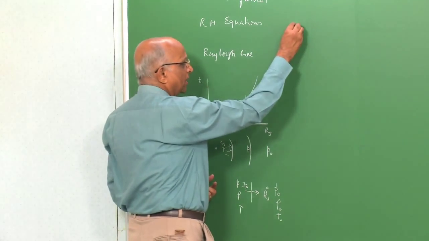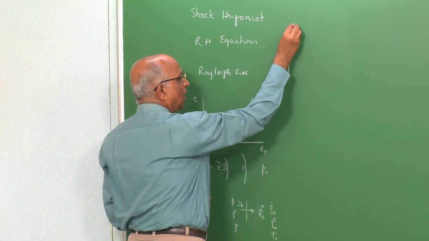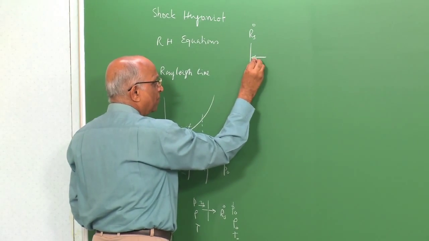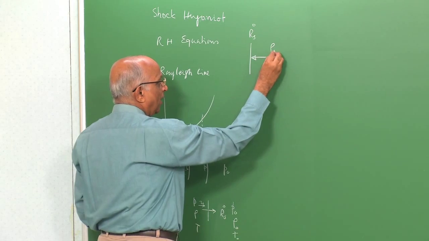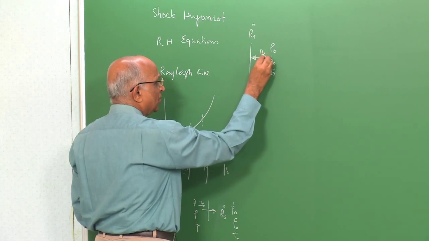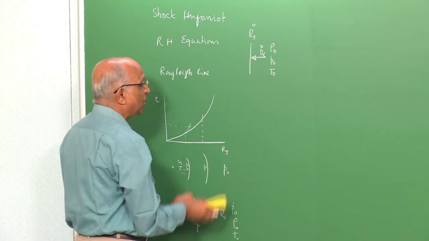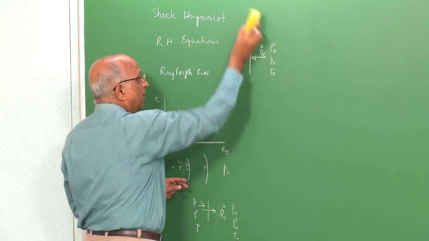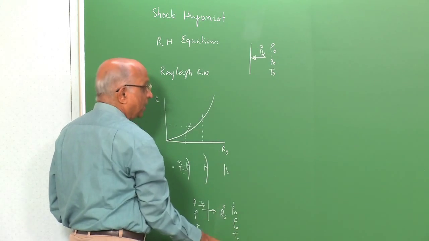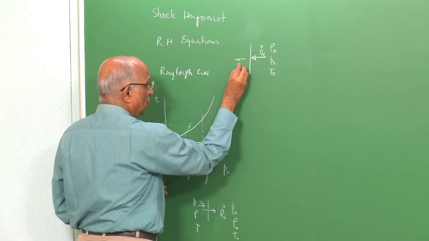Let us put it together here. I have the shock here. Instead of the shock moving at a velocity Rs dot, I made the medium move towards it. The medium at rho 0, P0 and T0 now moves towards the shock at a value Rs dot because the shock is now stationary, and I was interested in finding out the velocity behind the shock, which is now u over here.